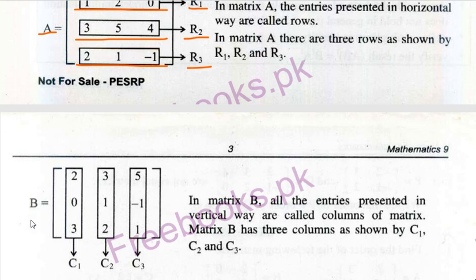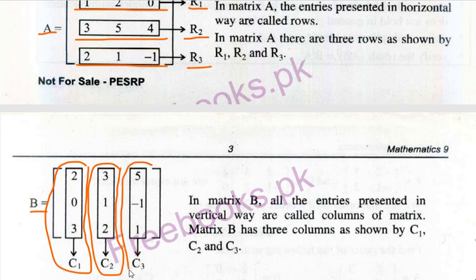This is a matrix B. The entries in a matrix which are presented in a vertical way are columns of a matrix. This is the first column, this is the second column, this is the third column.